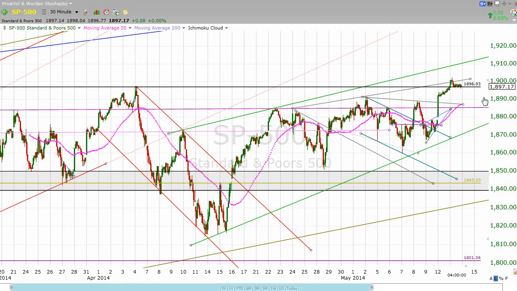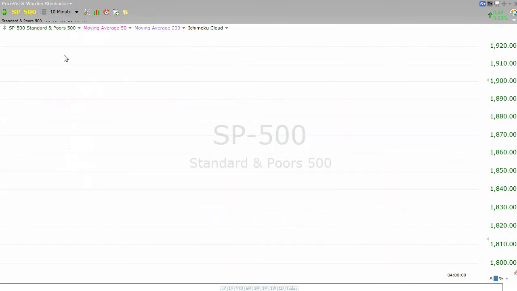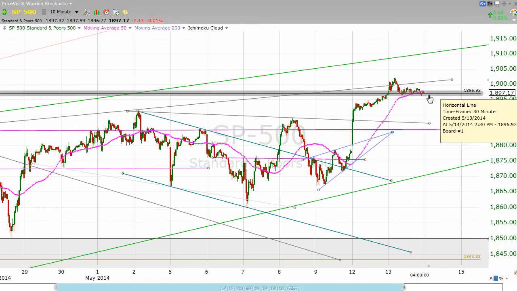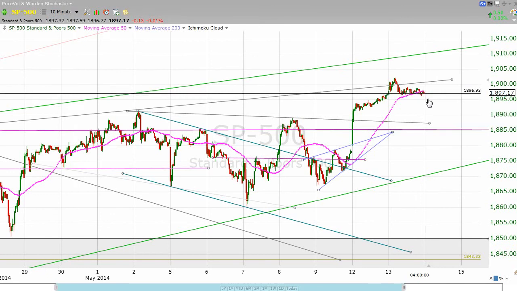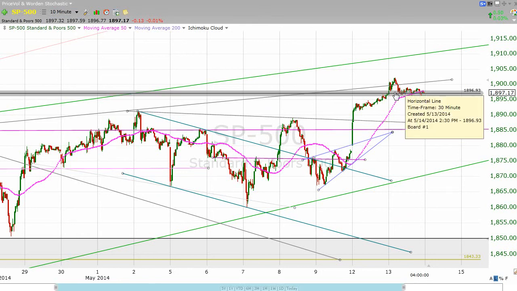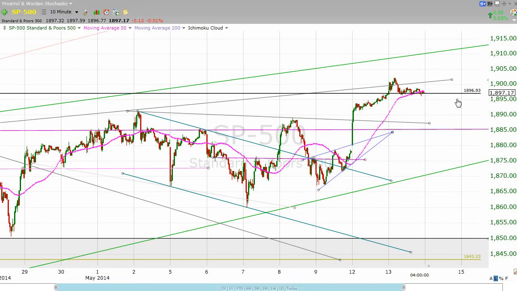If we extend that out, you see we got over that this morning and then just kind of danced lightly around the top of this line. Now, we did not get over it by a large enough margin to consider this little show of support on this line as being very significant.